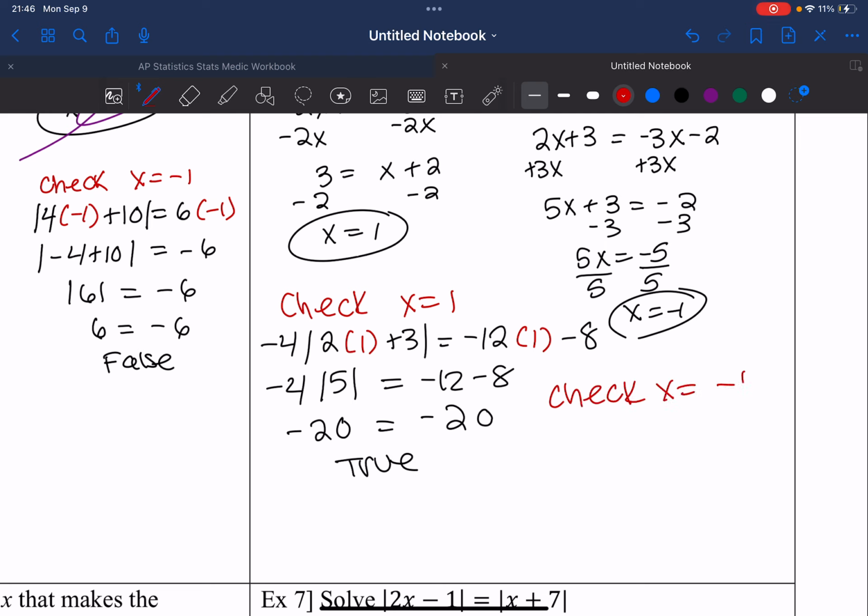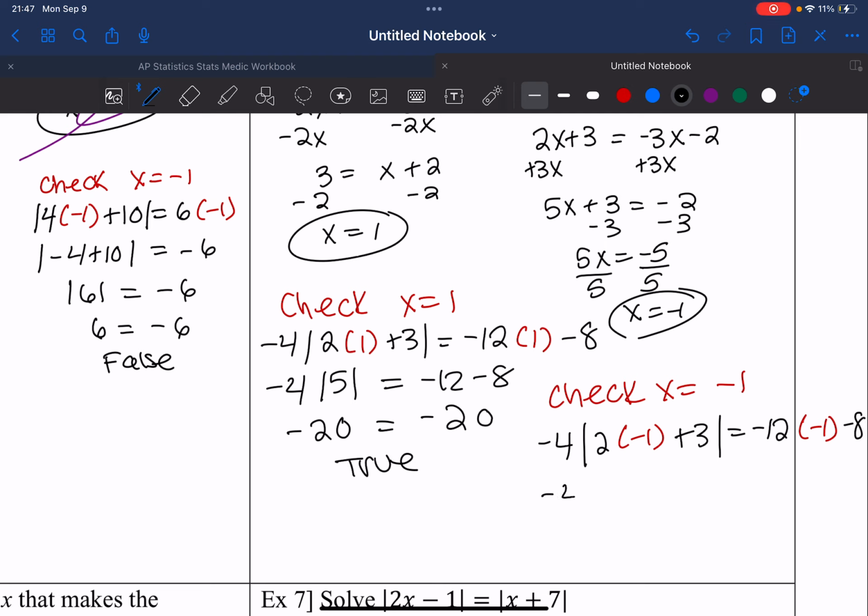x equals negative 1. So I have negative 4 absolute value 2 times negative 1 plus 3 is equal to negative 12 times negative 1 minus 8.